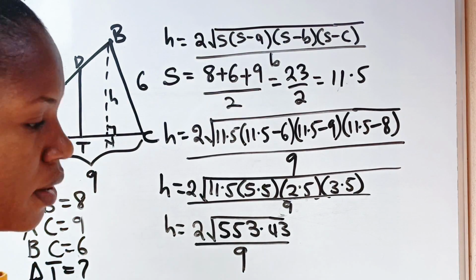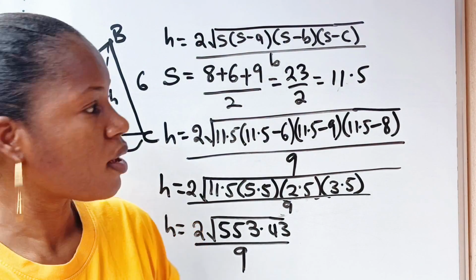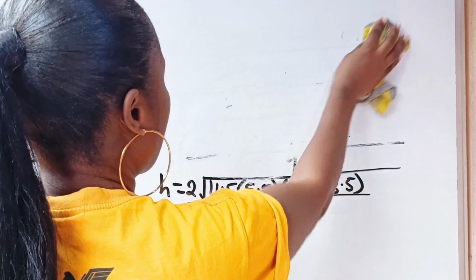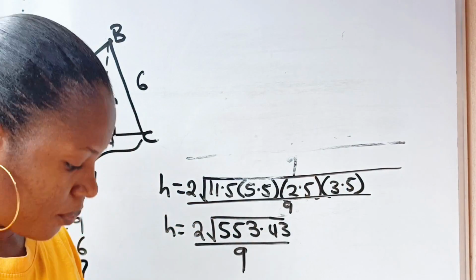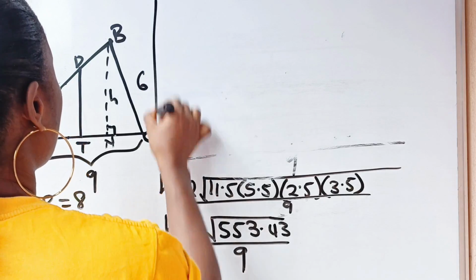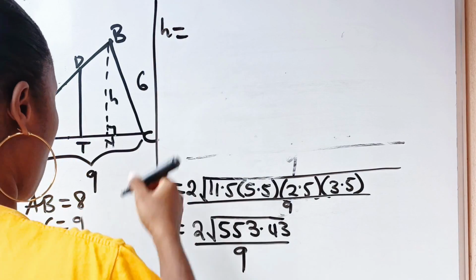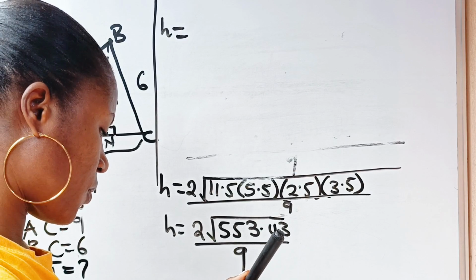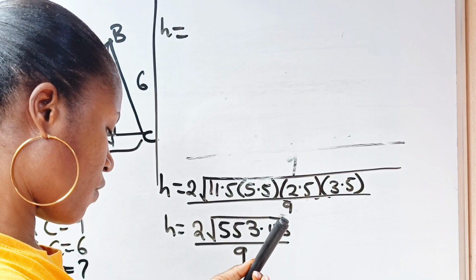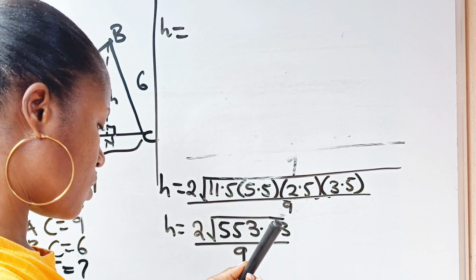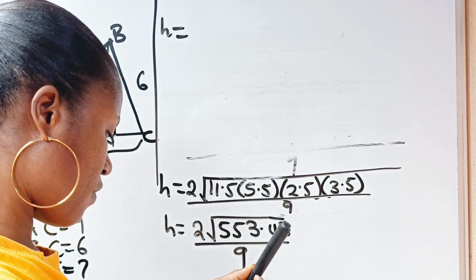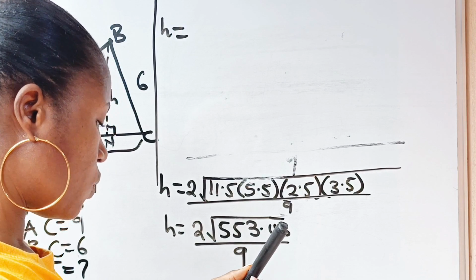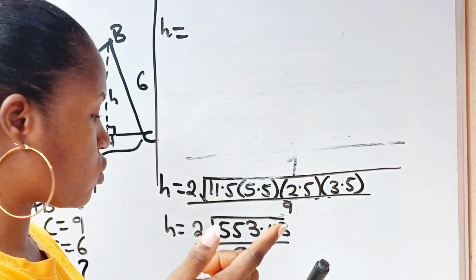If we solve further, h is equal to, let's take the square root of what we got. The square root of 553.43 gives us 23.52.